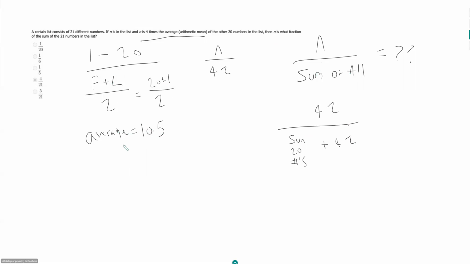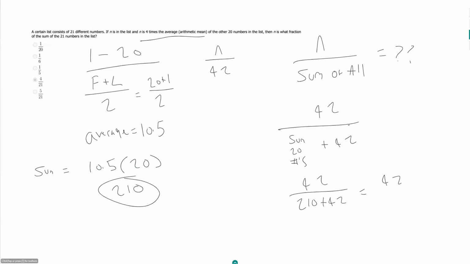If on average those numbers are equal to 10.5, then the sum is just the average times the number of terms, and I have 20 terms. 10.5 times 2 is 21, so 10.5 times 20 should be 210. So this will be 42 over 210 plus 42, which is 42 over 252.